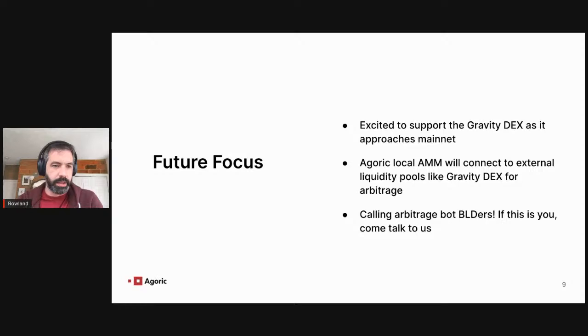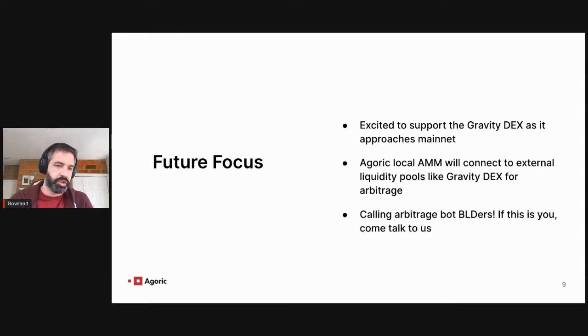And the Gravity DEX will likely be one of those destinations. There are other DEXs that are launching on Cosmos. There will be DEXs obviously on Ethereum that we can connect to as well over the Gravity Bridge. And so arbitraging between our AMM and those other destinations will be an important focus for us to make sure that their prices remain in line with ours for the pairs that are deeper on our chain.